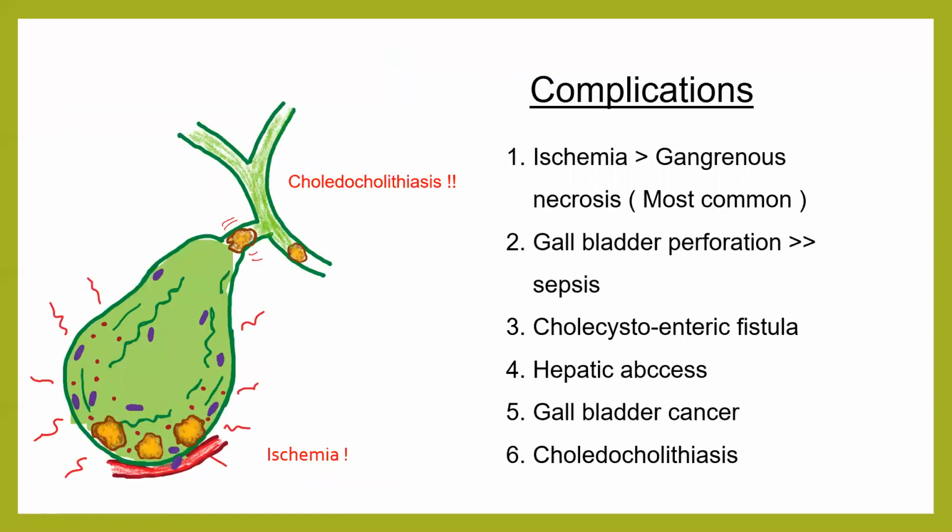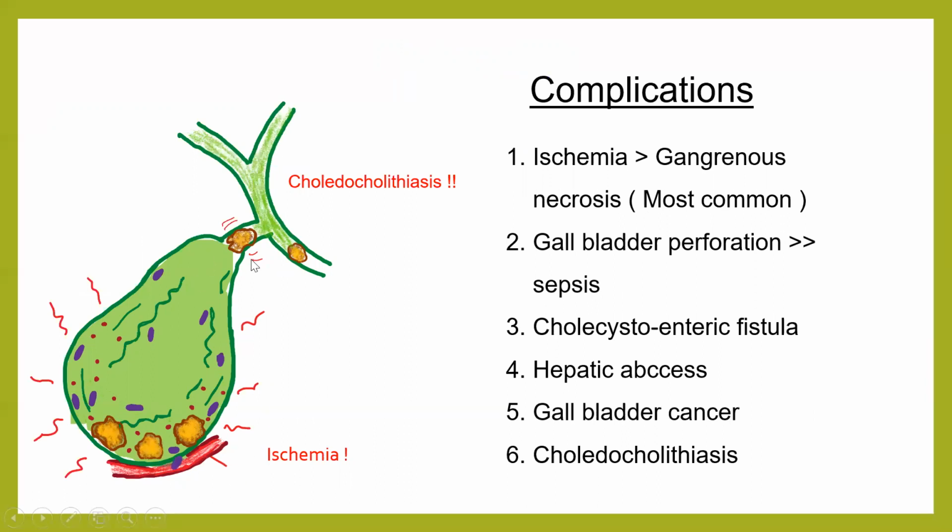Now, other complications include ischemia, typically leading to gangrenous necrosis, which is usually what happens. Next we have gallbladder perforation, which can eventually progress to peritonitis and then sepsis. Now, this is a figure, and I've tried my best to explain how ischemia can happen.